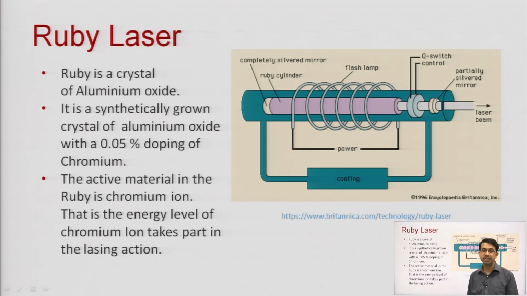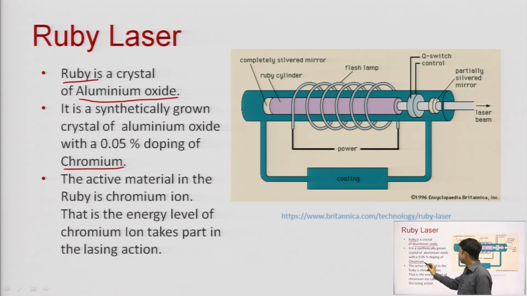Ruby laser is one of the initial lasers that was developed and was extensively used in various applications. So, what is ruby? Ruby is an artificially grown crystal of aluminum oxide, doped with chromium.